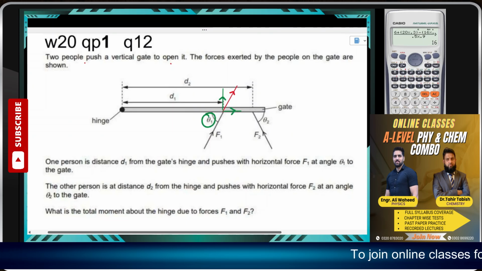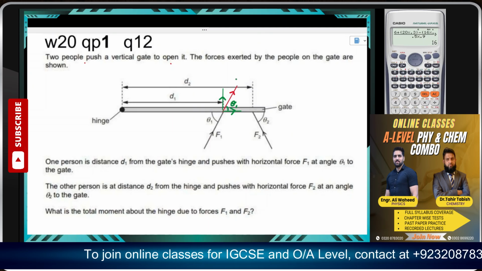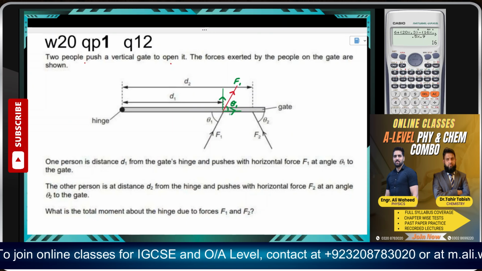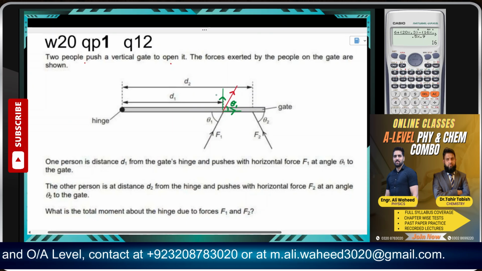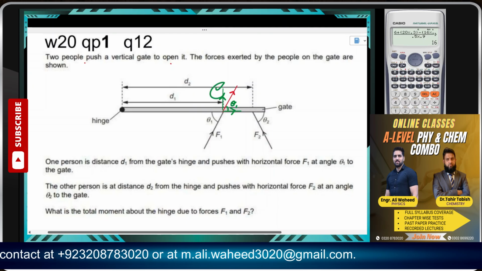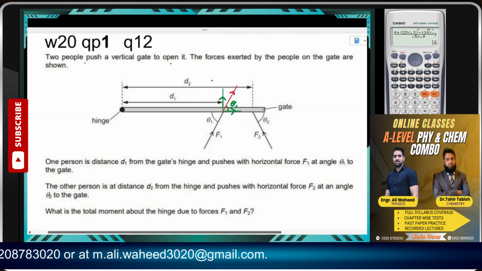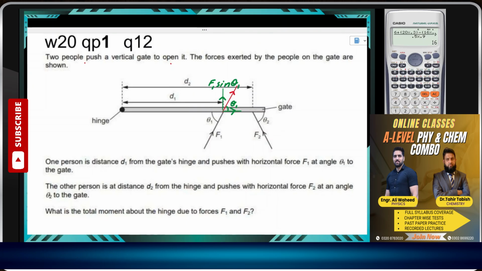Now if this angle is theta, then this angle would also be theta 1, because the angle was theta. The force was F1. So the component that is perpendicular to the distance would be F1 sine theta 1, because this one is not touching the angle directly.